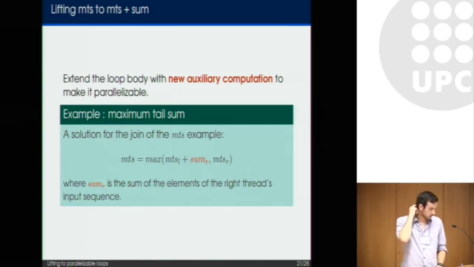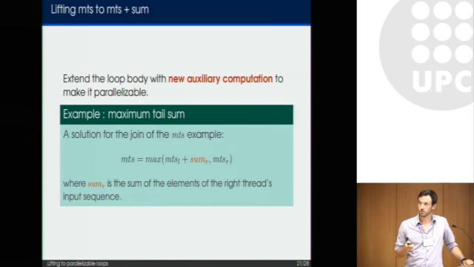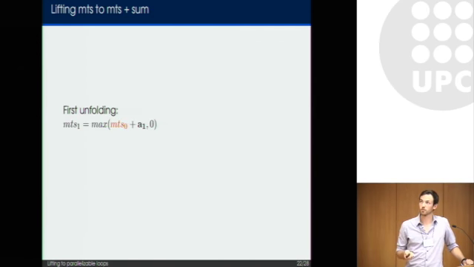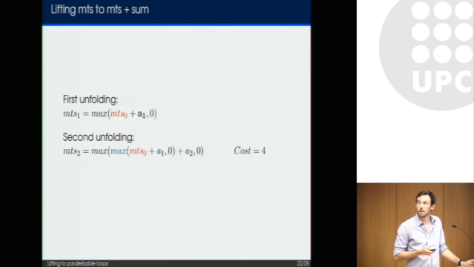I will illustrate this with our maximum tail sum example. So the first unfolding, we started from the red state, here in MTS0, and we read the input A1. Then second unfolding, I'm reading the input A2, and so the red state goes deeper in the expression, and cost is the number of operators I have above the red state.